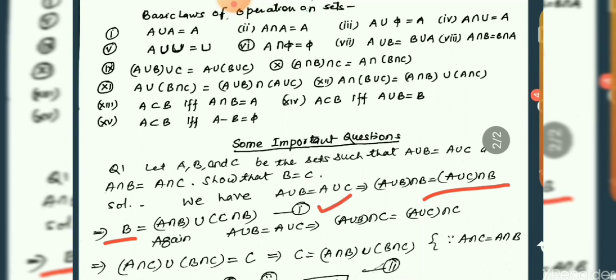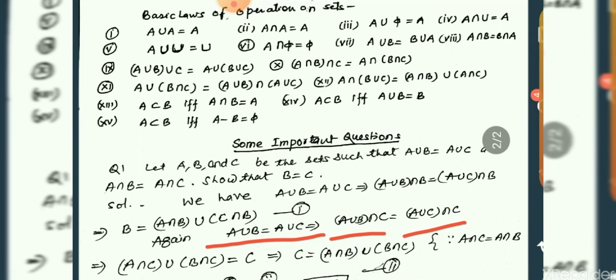This is first. Now again we take A union B is equal to A union C. Now in this case we shall take intersection with C. In first case we have taken with B, now we shall take with C, and after applying distributive law in LHS this will become like this, and RHS will be C as same as it was in first case.